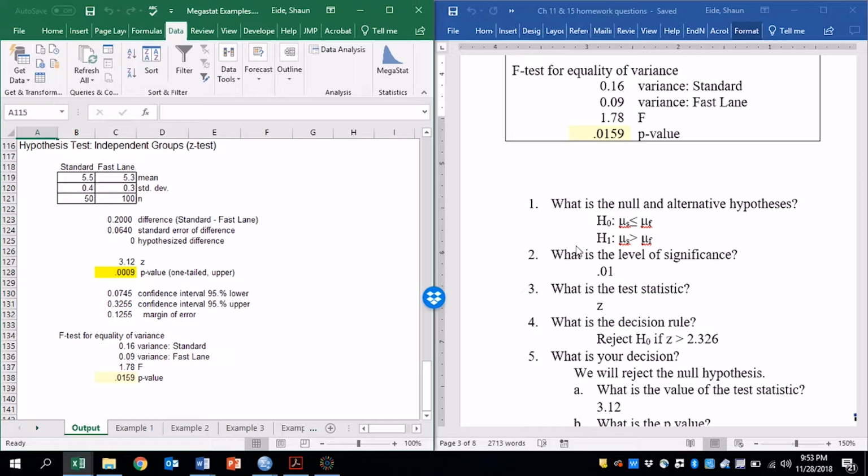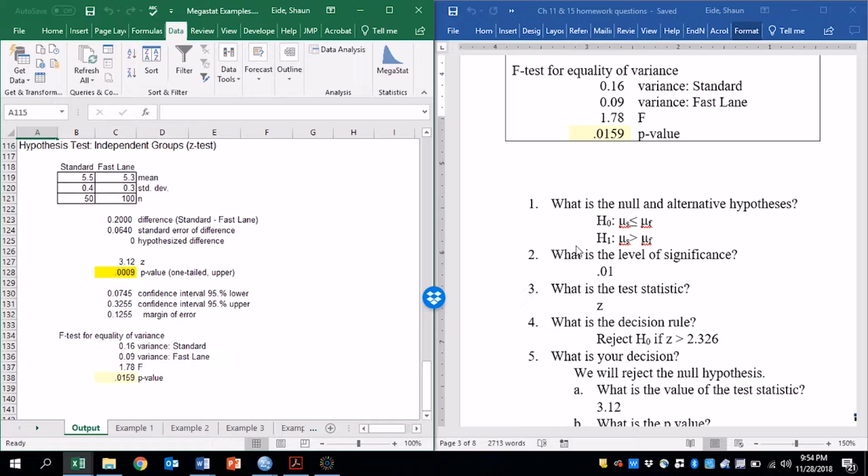Essentially what you're saying is, what level of type 1 error am I willing to accept? Or in other words, what is the probability of rejecting the null hypothesis when the null hypothesis is actually true? With 0.01, you've got a 1% chance of doing that.